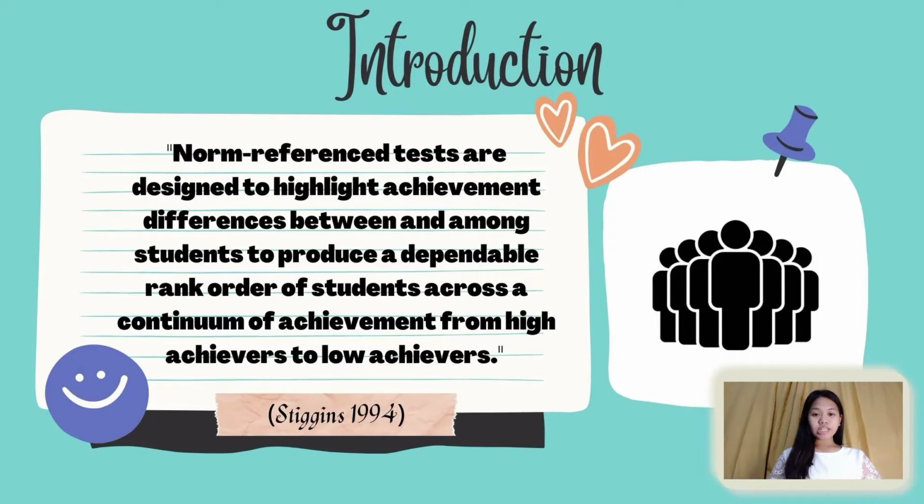According to Stevens in 1994, norm reference tests are designed to highlight achievement differences between and among students to produce a dependable rank order of students across a continuum of achievement from high achievers to low achievers.